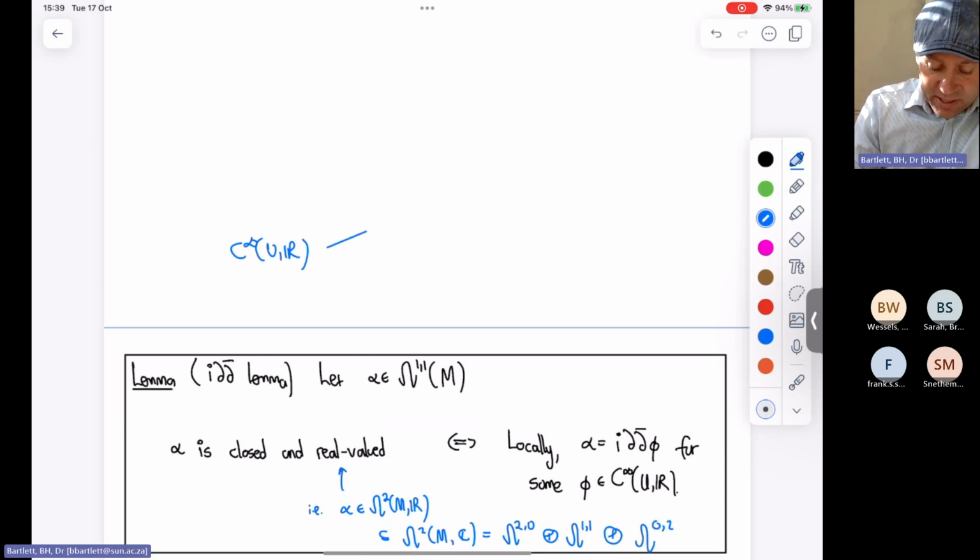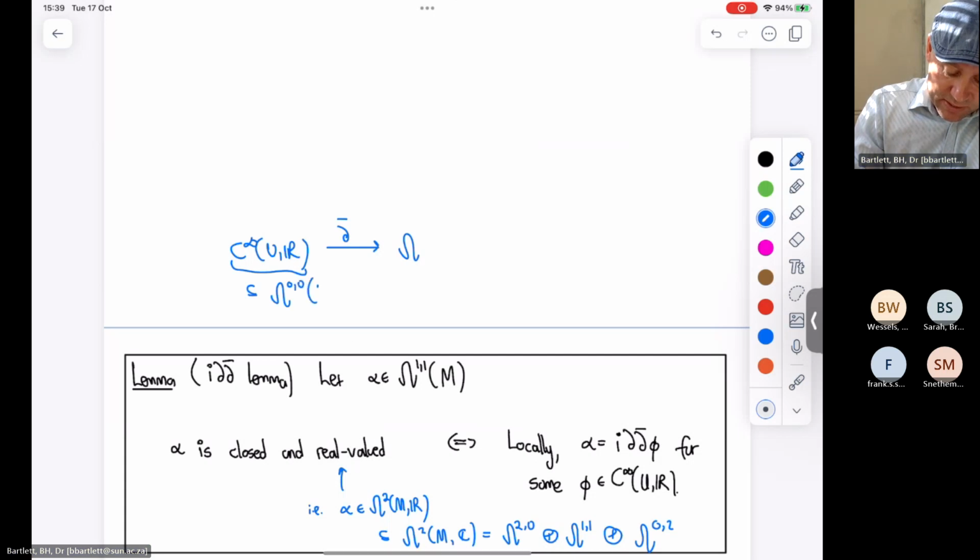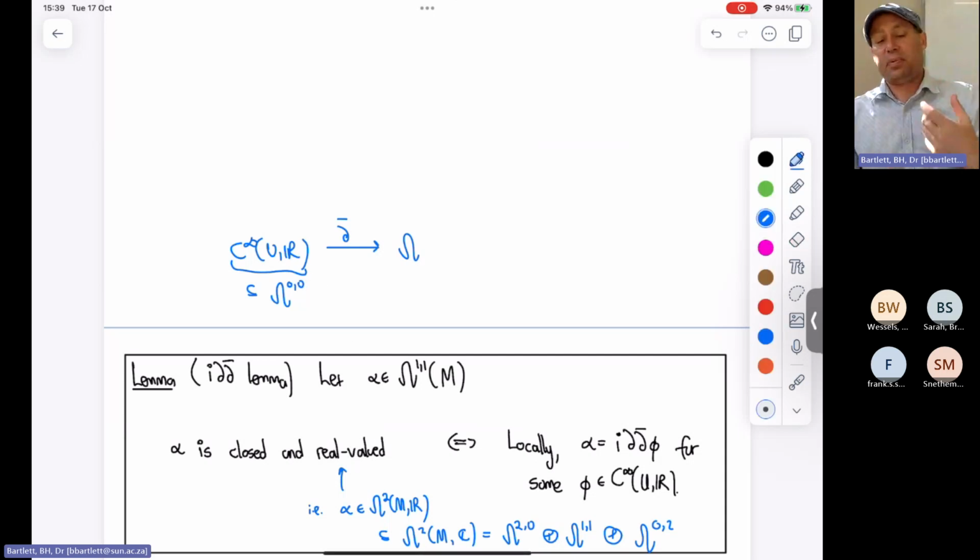Then I can calculate del bar of that. Since this is a subset of the (0, 0) forms, because the (0, 0) forms are just complex valued functions, if I apply del bar to a (0, 0) form, I'm going to get a (0, 1) form.